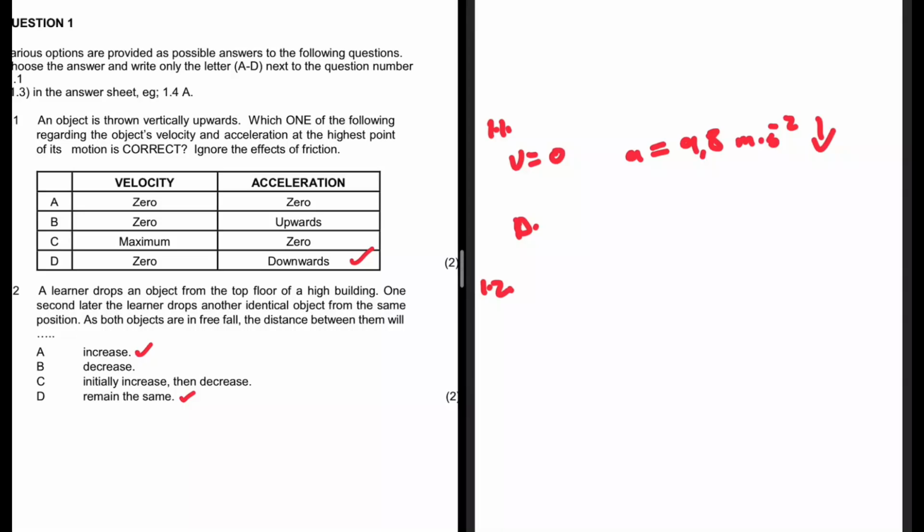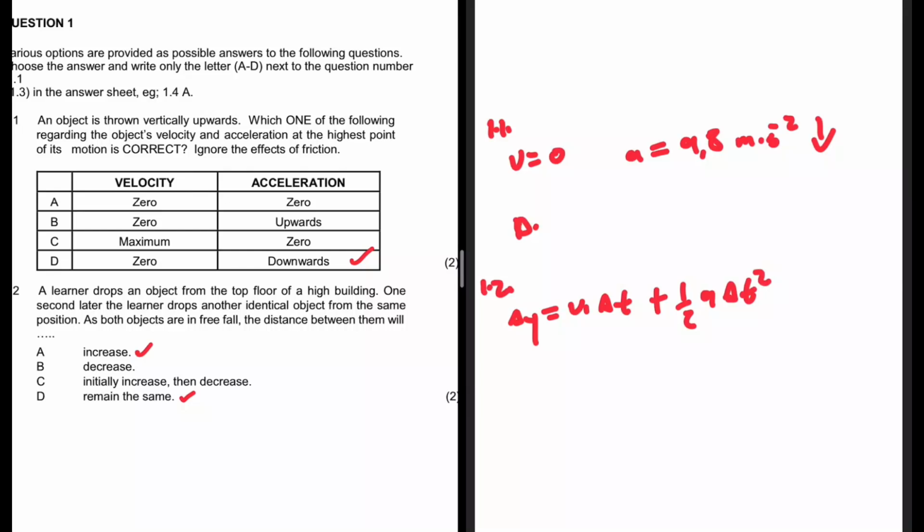There are two ways we can get to the correct answer. One way is to actually calculate and see if the distance increases or remains the same. And then another way is to just use the theory. What do I mean by that? So we can say delta y is equal to vi delta t plus a half acceleration delta t squared.